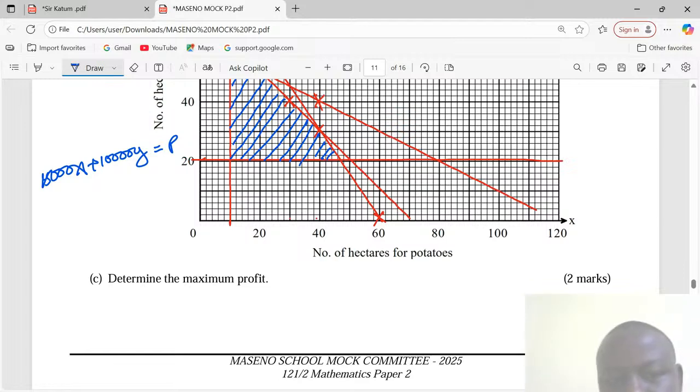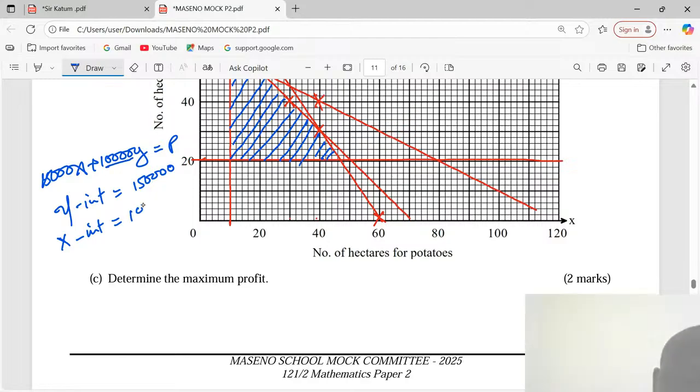Now this objective function can be simplified to give us a search line. For us to get a search line, we need the x-intercept with the value of the x coefficient, 15,000, and the y-intercept with the value of the y coefficient, 10,000.